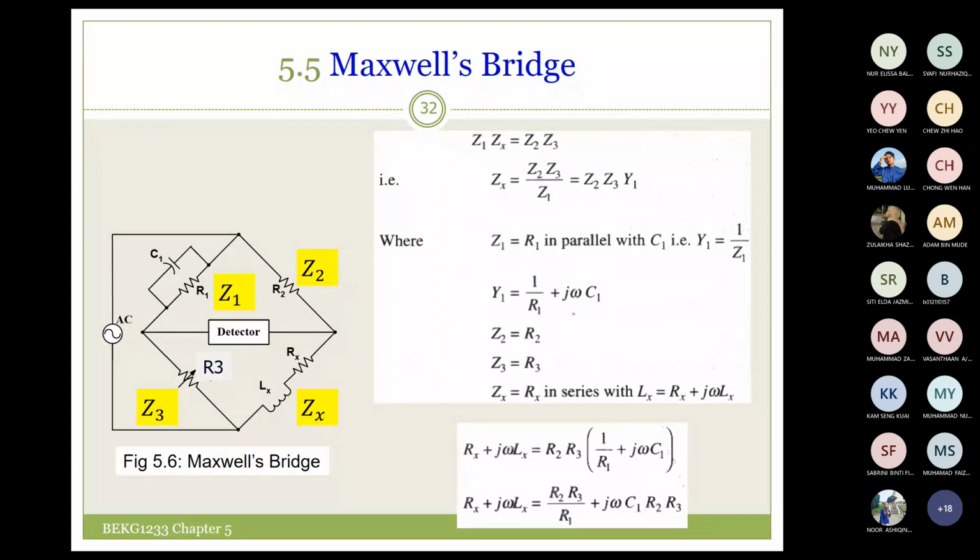All right, so for the Maxwell bridge, we can put all of Z1, Y1, Z2, and Z3 inside this, and Zx is here.